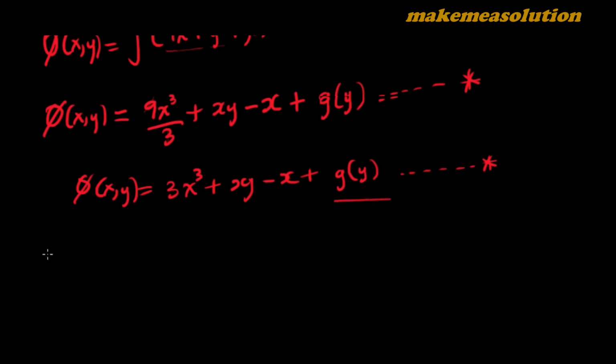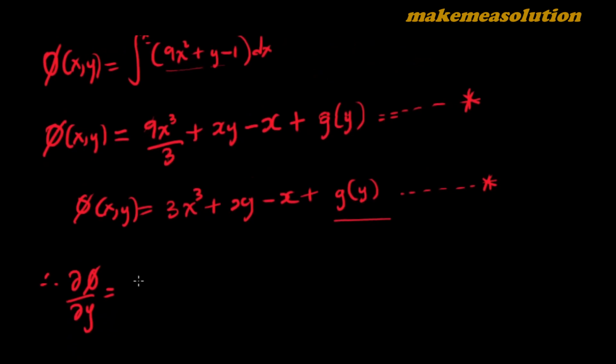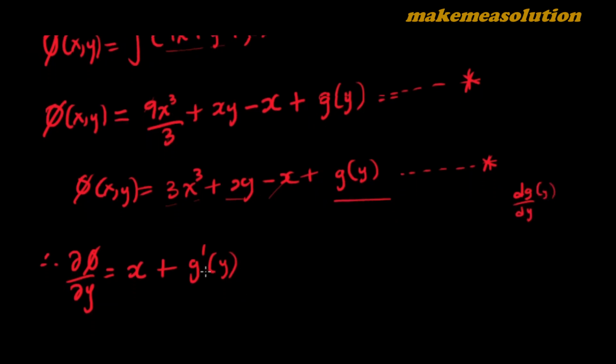To find g of y, we have to differentiate with respect to y. When you integrate with respect to x, you differentiate with respect to y partially. So when you differentiate the first term with respect to y partially, it cancels out. Differentiate xy with respect to y, you get x, since x is a constant. Differentiate minus x with respect to y, it cancels out, and differentiating g of y, you get g prime of y. Okay, this g prime of y is dg/dy.